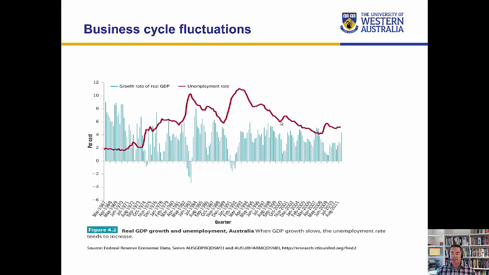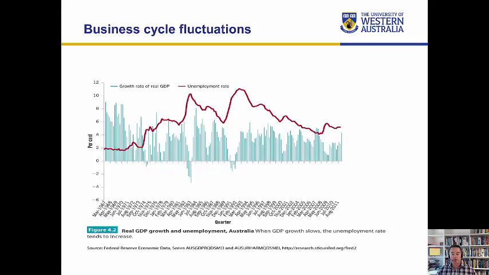Now, the reason for this: after both of these recessions in Australia, 82-83 and 90-91, employers were very reluctant to rehire. After the recessions were over, companies were so fearful that another recession was just around the corner that, after firing workers, they simply asked existing workers to work harder and work longer hours.